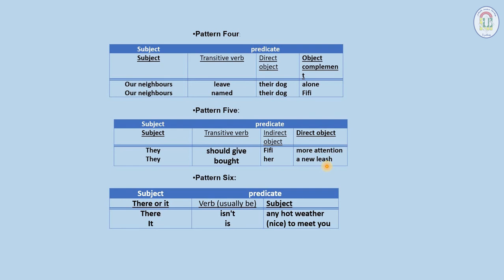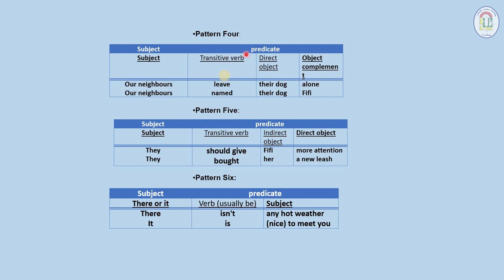We are going to see how our neighbors leave their dog alone, or named their dog Fifi. So here, this complement completes the dog. This one also completes this one.